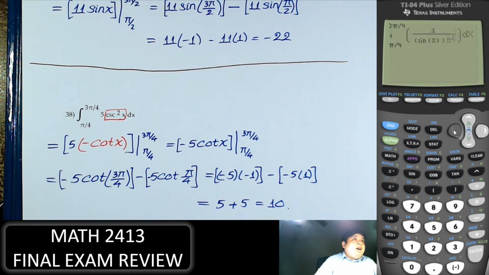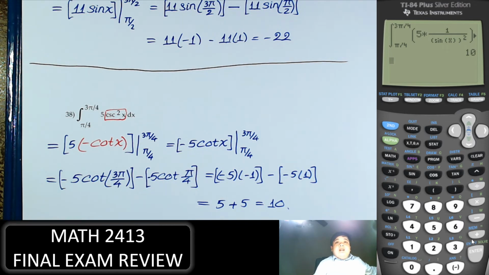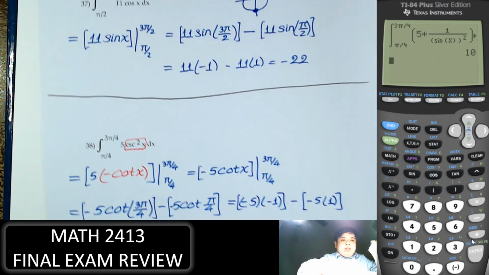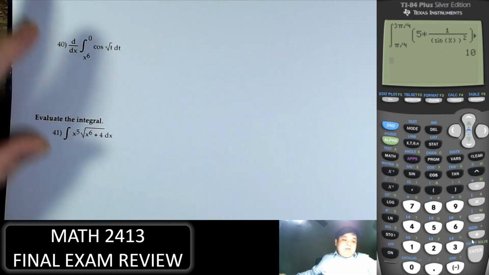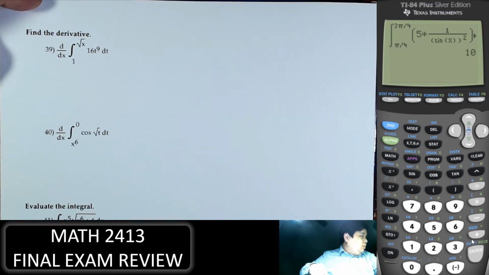And it's 5 cosecant squared, right? This is 10. So that is the fundamental theorem of calculus. Now we have the other fundamental theorem of calculus.